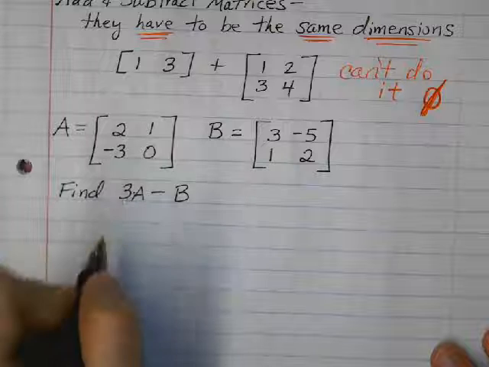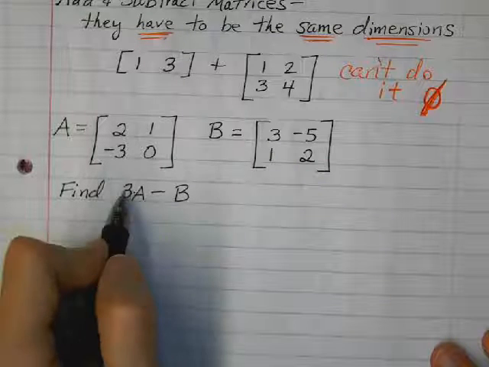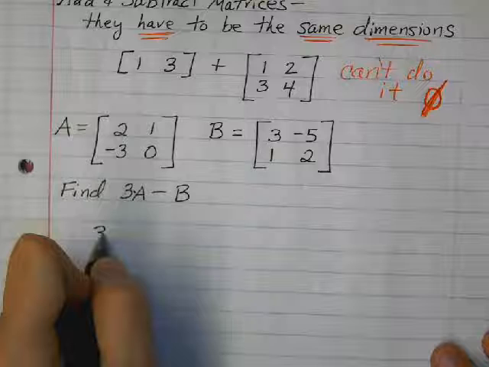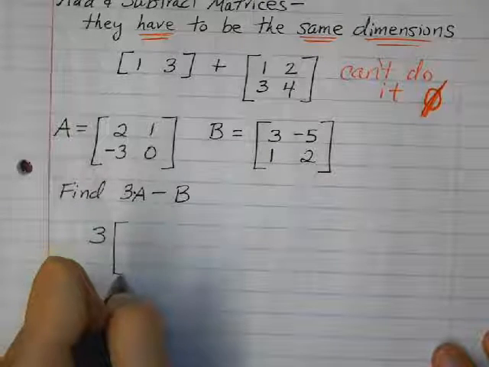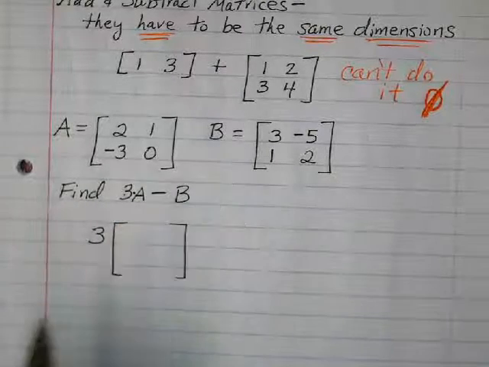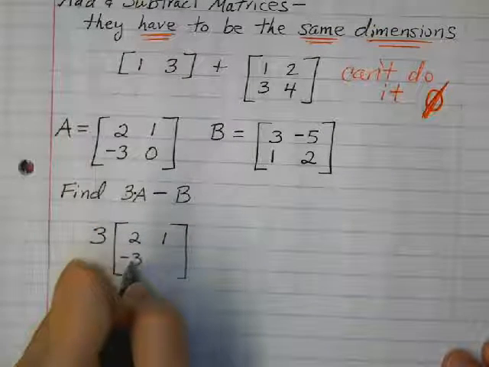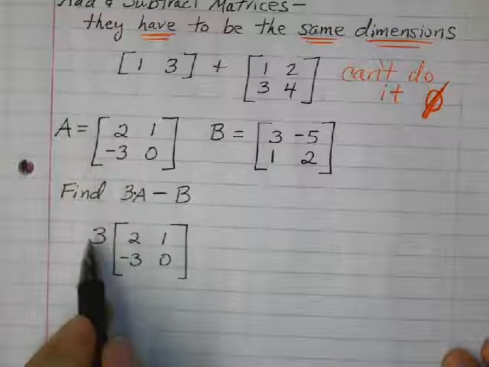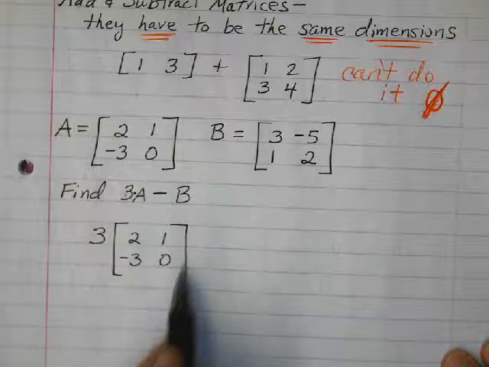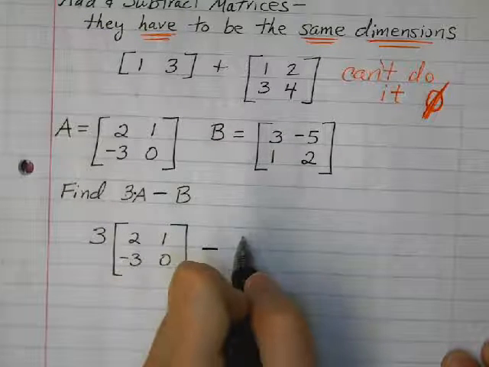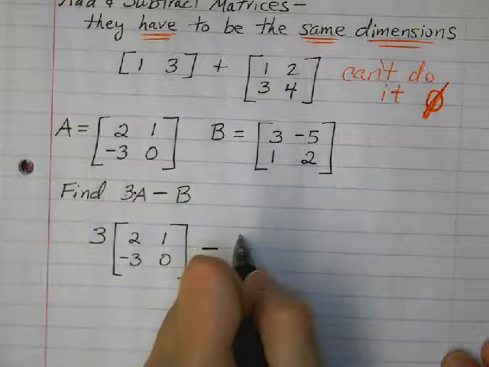If it's 3A, it's 3 times A. So we want to do 3 times matrix A. Multiply the matrix by 3. Yeah, exactly. So we're going to do 3 times matrix A minus the matrix B. I'm just going to copy down what matrix B is.